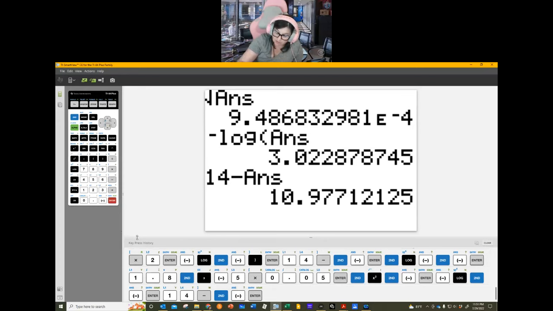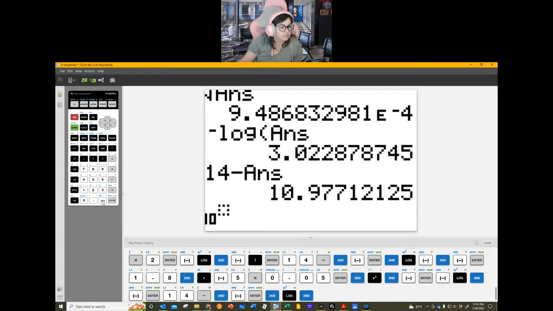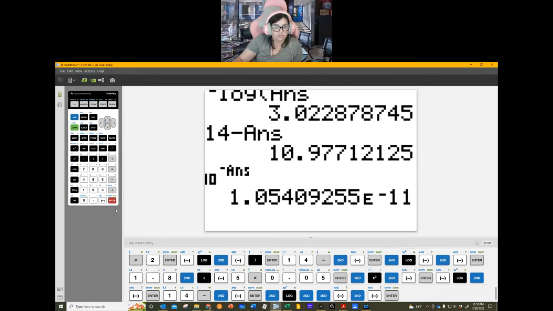And of course my H plus equals 10 to the negative that value right there. And that's 1.05 times 10 to the minus 11th. And that's everything for that.